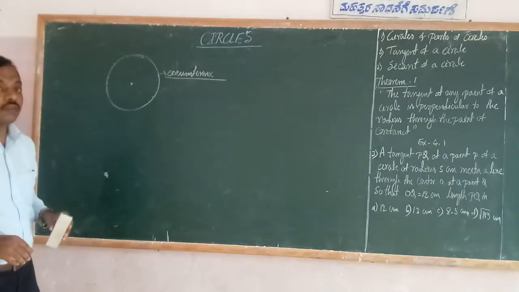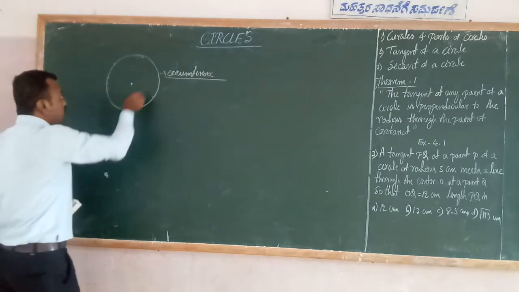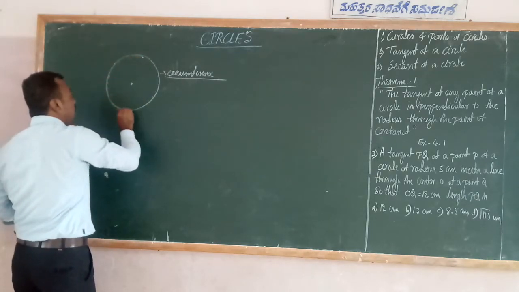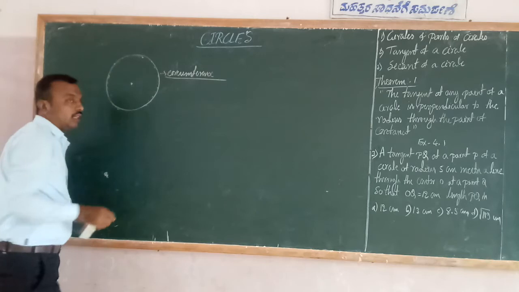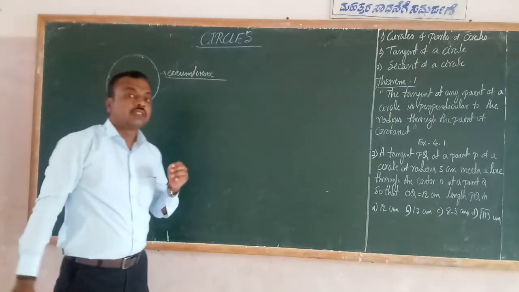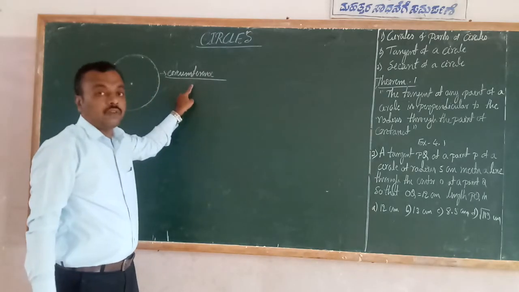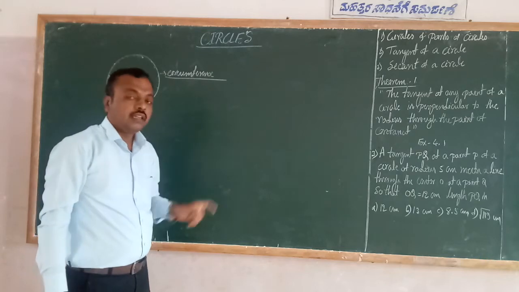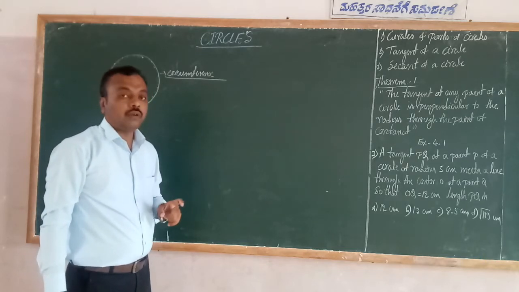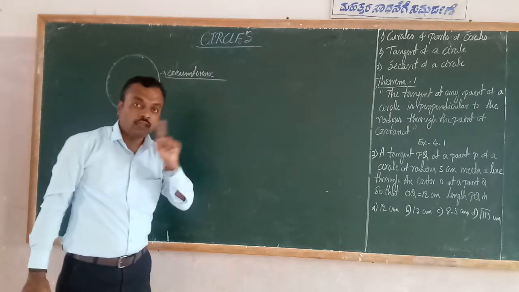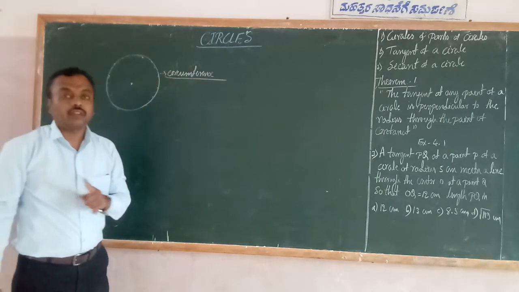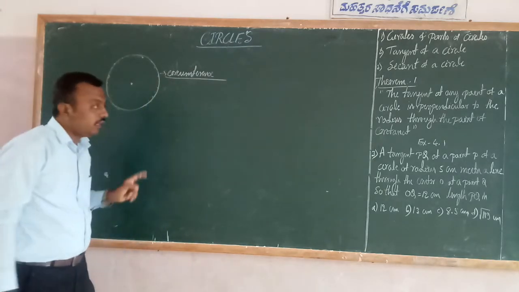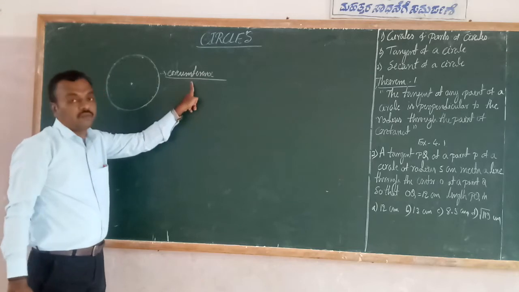What is the meaning of circumference? Circumference means the length of the boundary of the circle, like a perimeter. In a linear figure, the length of the boundary we call the perimeter. In a curvilinear figure, we call it the circumference.